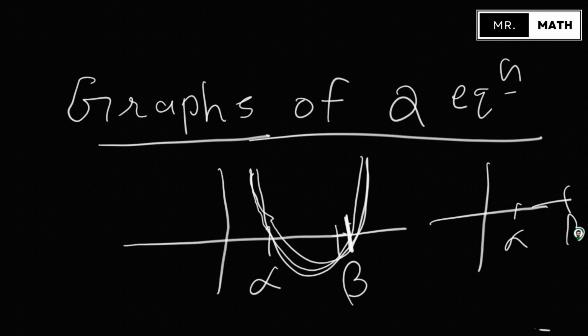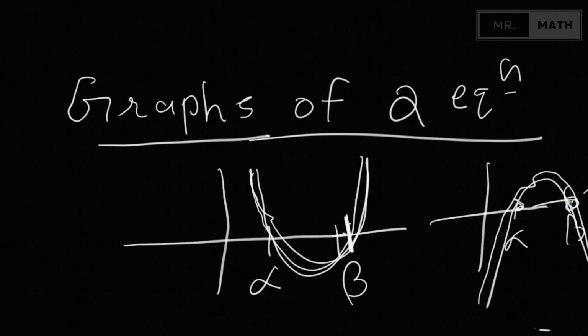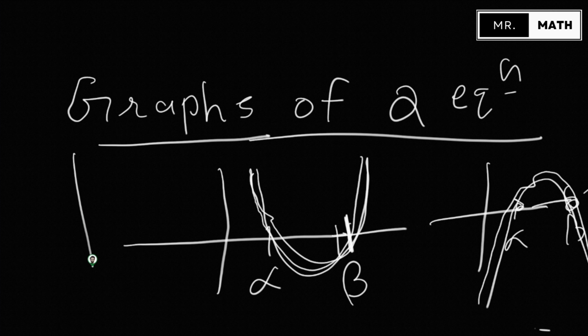There would be another case. This can also be the graph. There can be an upward parabola, and a downward parabola also. There can be any graph of the quadratic equation. So it would cut the x-axis at both of its roots, alpha and beta.